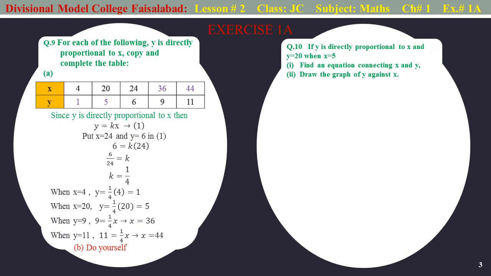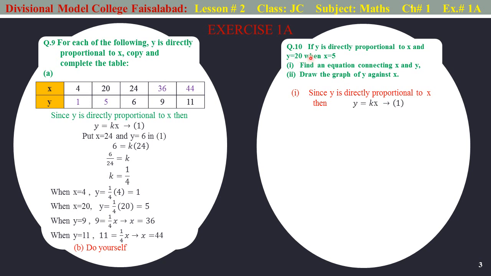Question number 10. If y is directly proportional to x and y is equal to 20 when x is equal to 5, it is the same question. This statement is given, y is directly proportional to x. Since y is directly proportional to x, this statement can be written in algebraic form as y is equal to kx.